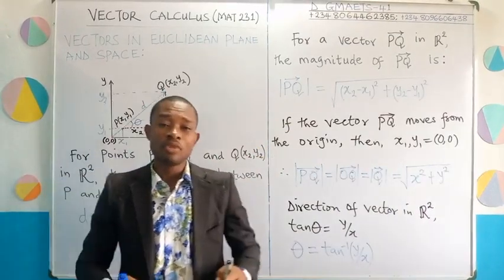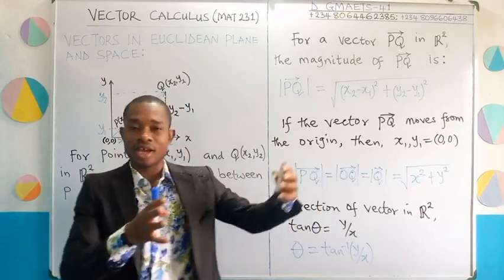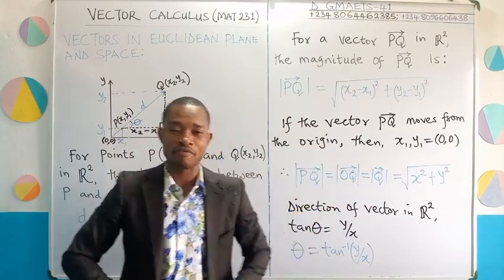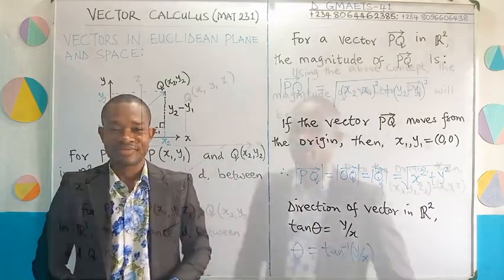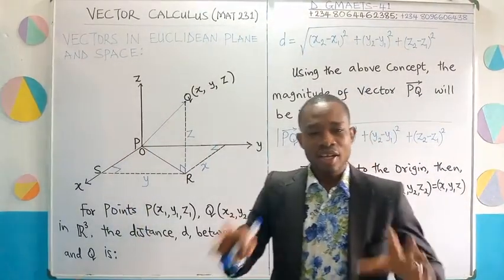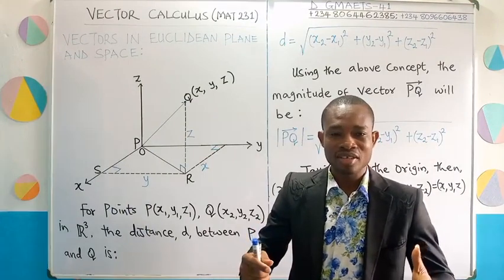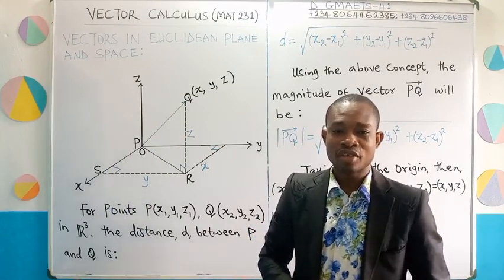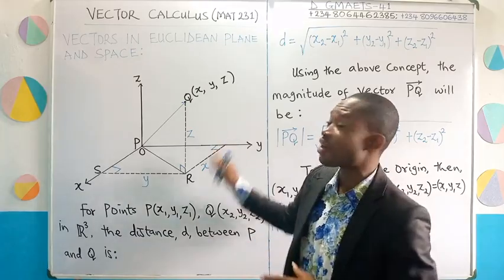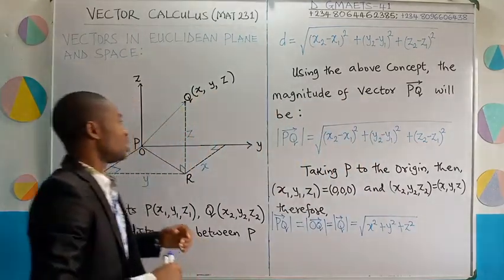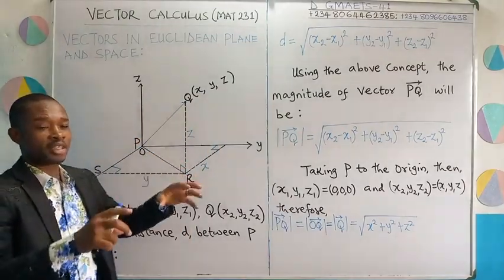And so we are going to move on to another concept of vector in Euclidean space, 3-dimensional vectors. Let us now look at vectors in Euclidean space, 3-dimensional vectors. On the board here, you've got the graph showing this 3-dimensional vector. This vector PQ is in 3 dimensions.